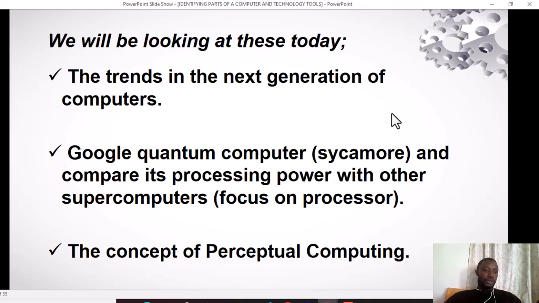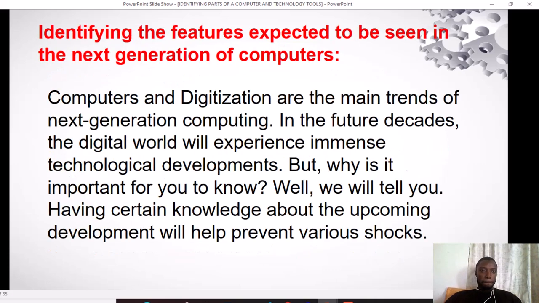We say computers and digitalization are the main trends of next generation computers. In the future decades, the digital world will experience immense technological developments. But why is this important for you to know?